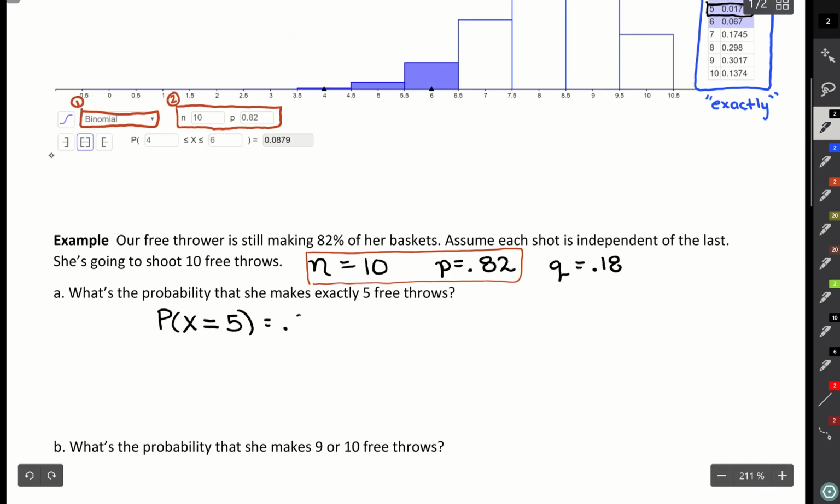So a 0.0177. So there is a 1.77% chance she makes exactly 5 of the 10 free throws.